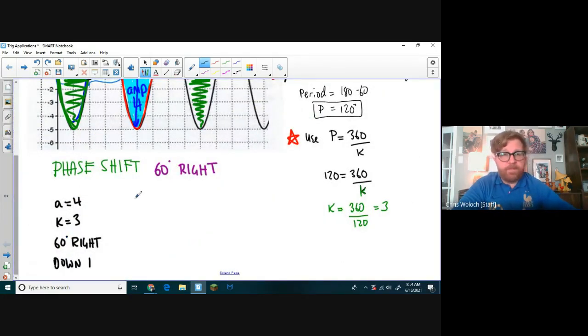Okay. So when I write my equation out, it's going to be 4 and then sine. And then K is 3. Oops, screwed that one up, sorry. K is 3. And then bracket X. Now again, if we're moving 60 to the right, then it's going to be the opposite sign, right?